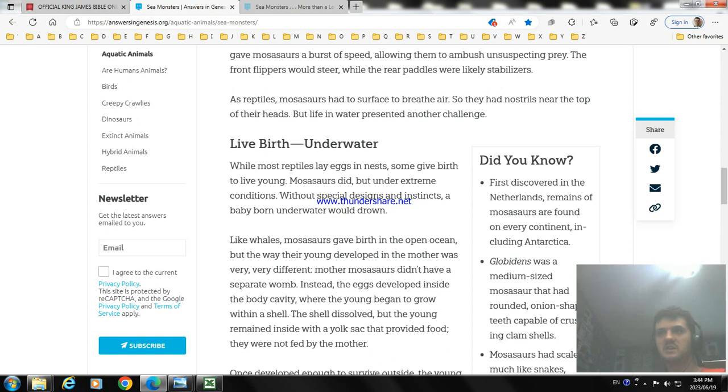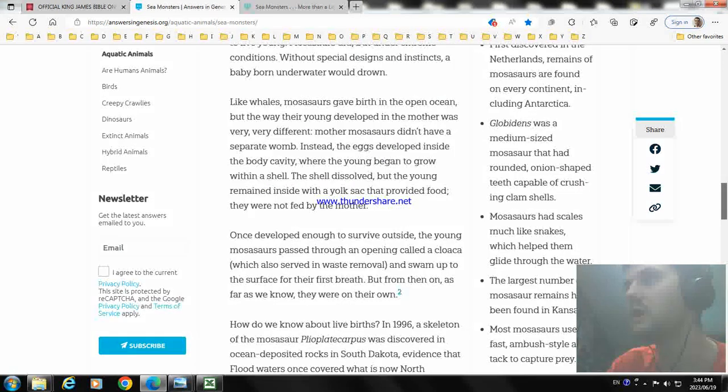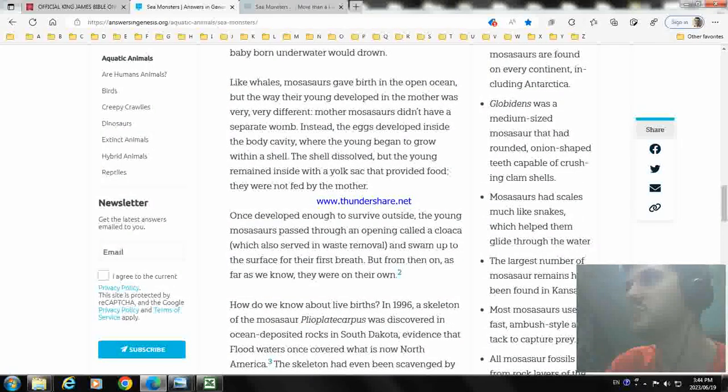Okay, now it says, did you know? First discovered in the Netherlands, remains of mosasaurs have been found on every continent, including Antarctica. Globidens was a medium-sized mosasaur that had rounded, onion-shaped teeth, capable of crushing clamshells.